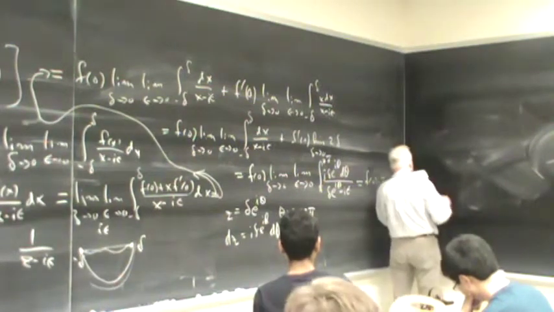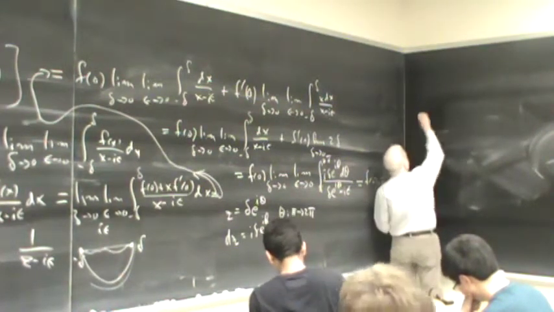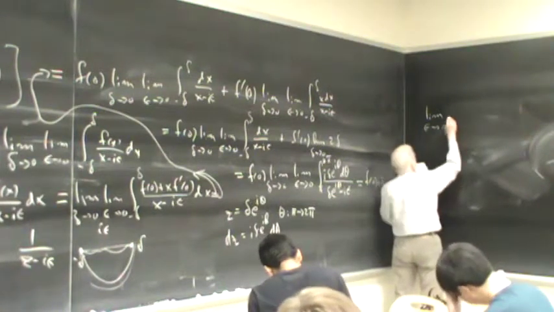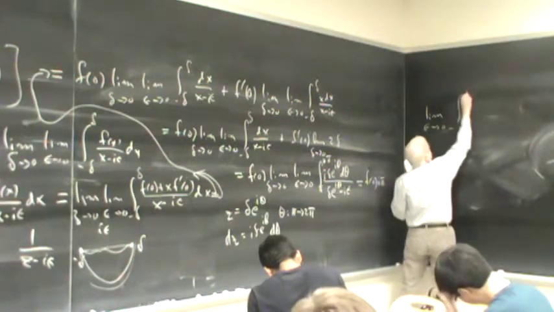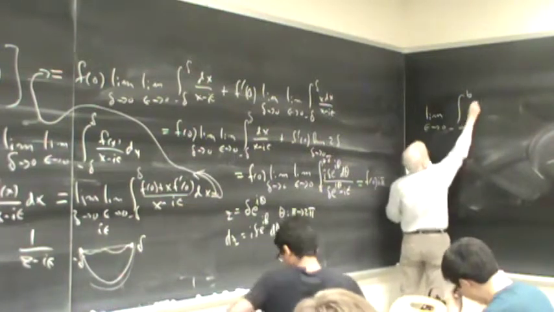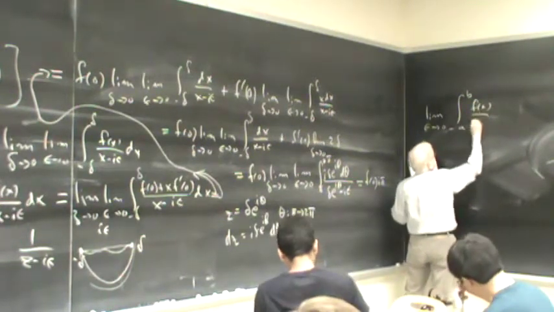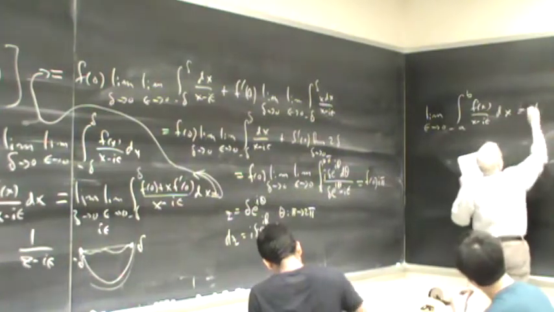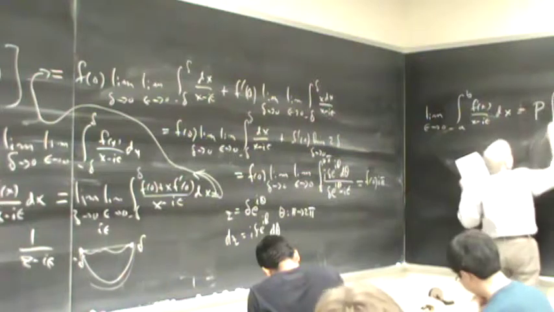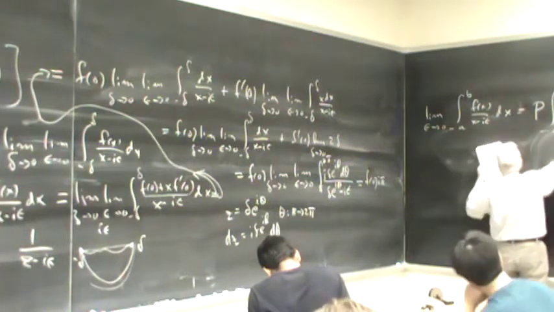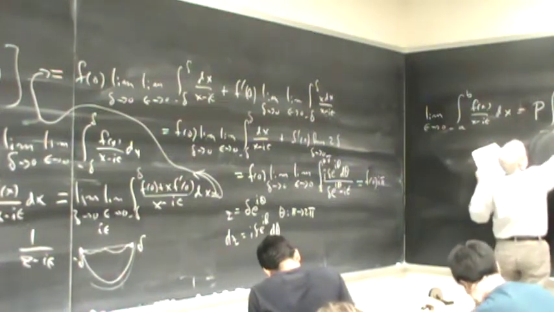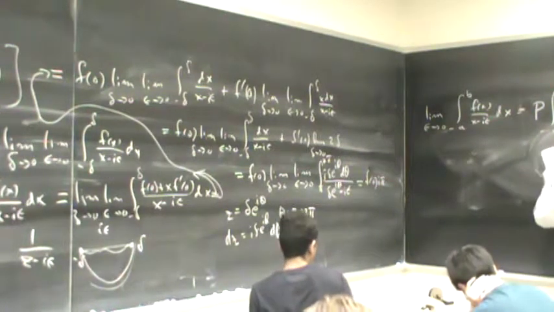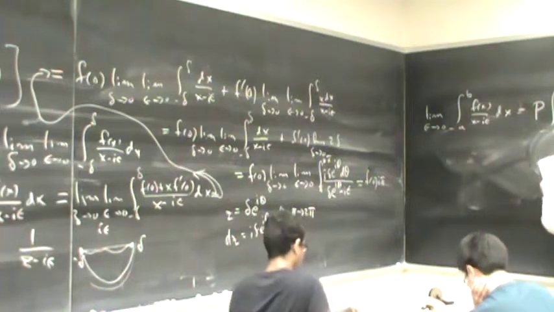So now we've got a final evaluation of this thing. And the evaluation is that the limit epsilon goes to 0 of the integral from minus a to b of f of x over x minus I epsilon dx is the principal part of the integral from minus a to b of f of x over x dx plus I pi f of 0.